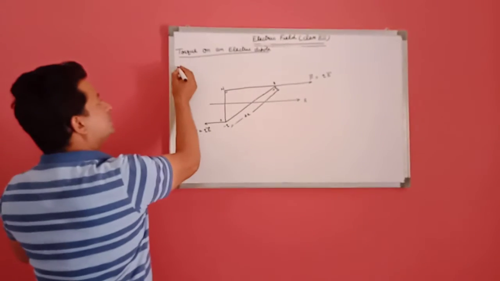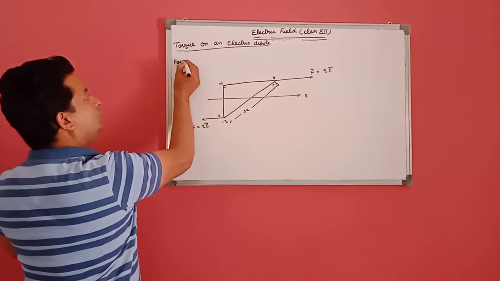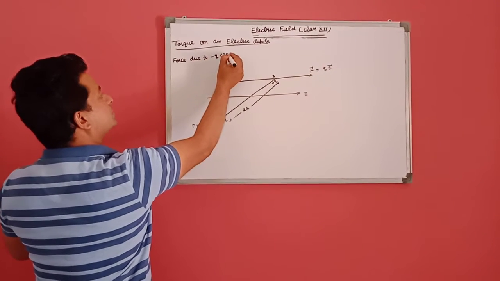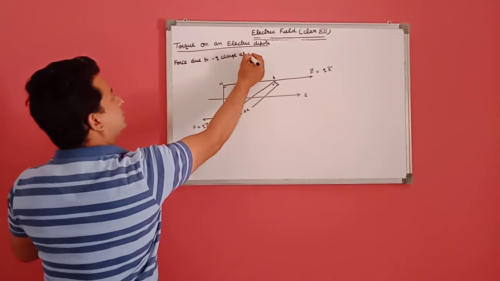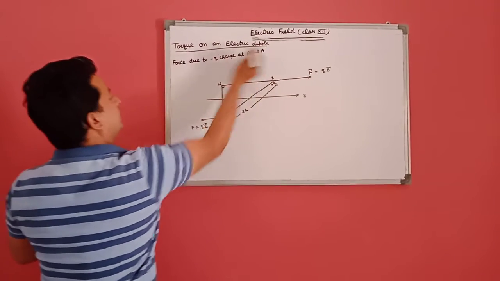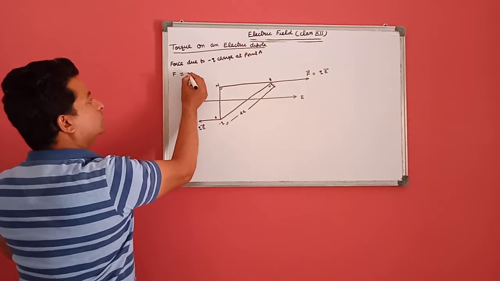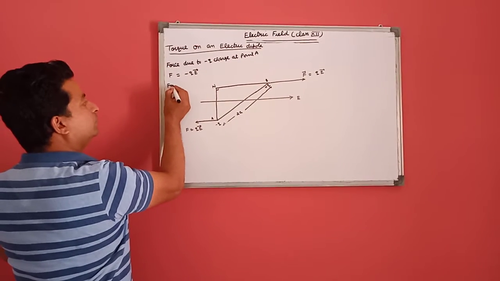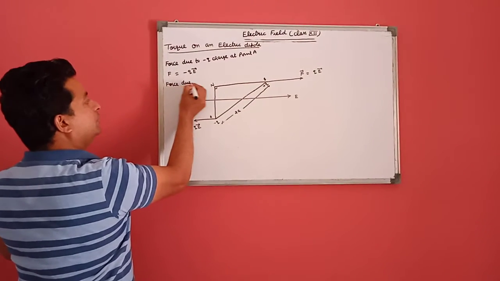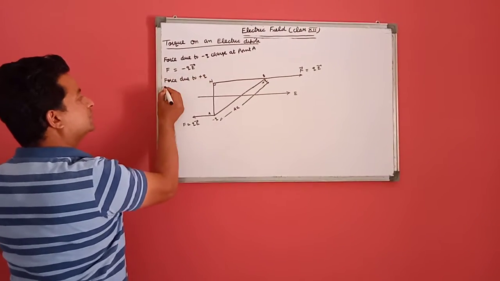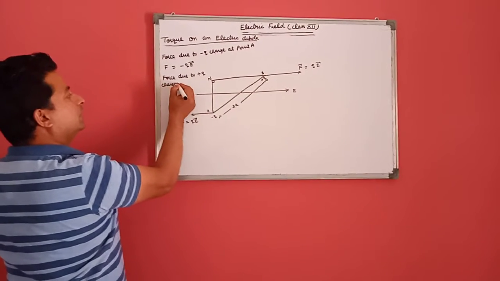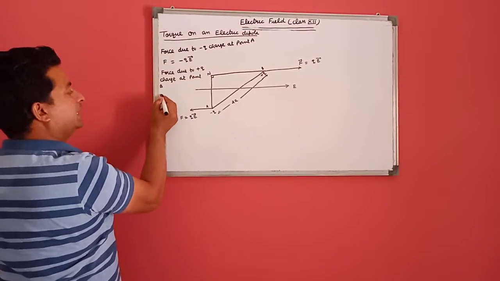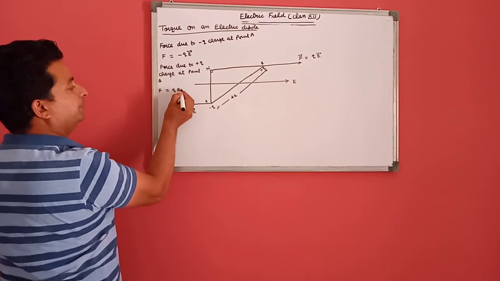That is, the force due to minus q charge at point A is F equal to minus qE, and the force due to plus q charge at point B is F equal to qE.